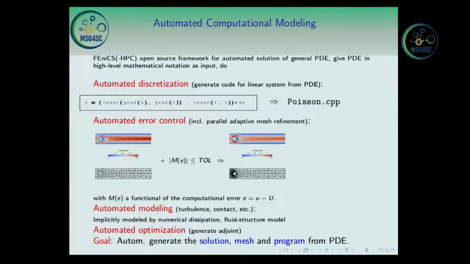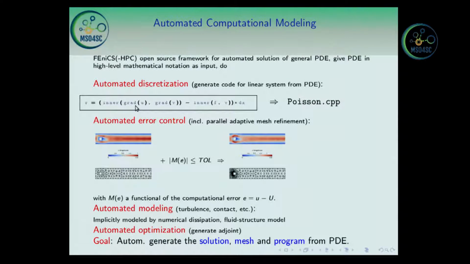So here is a sort of bird's eye overview of what is Fenics, what is this automation. The idea is that we input a partial differential equation. Here is the residual, an equation in mathematical notation, and we write the mathematical notation in ASCII text.